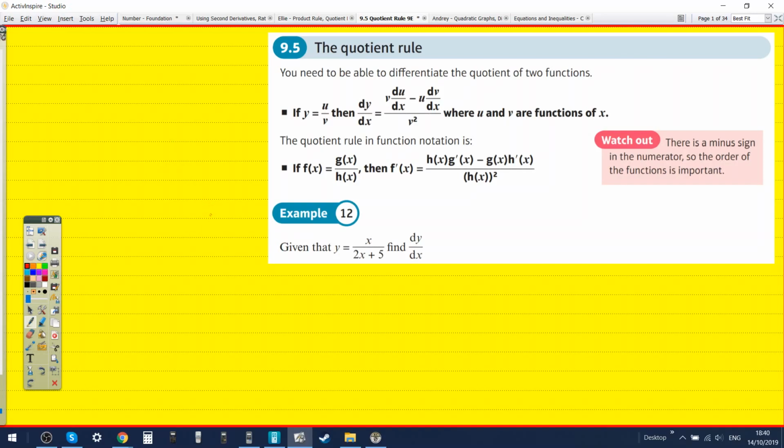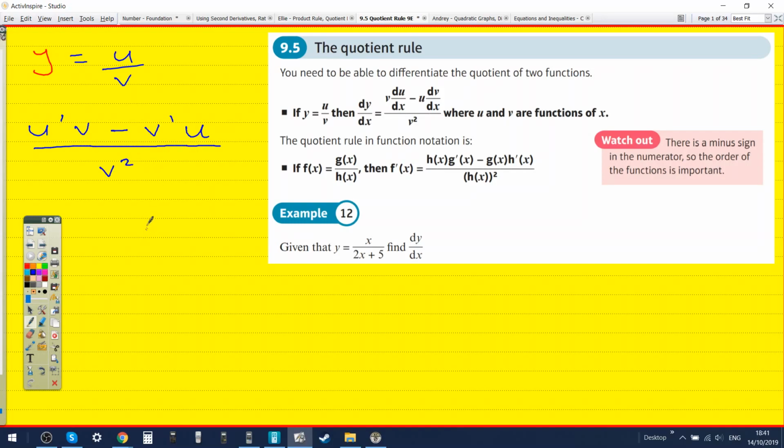Okay, quotient rule. This time it's a function divided by another function. So if y equals u over v, then it is u dash v minus v dash u, all over v squared.